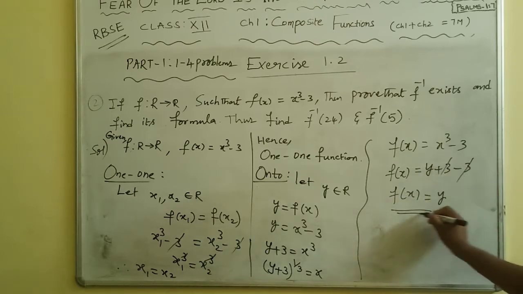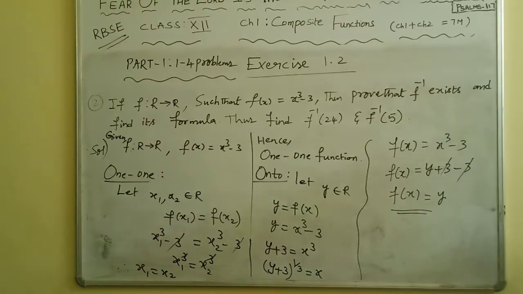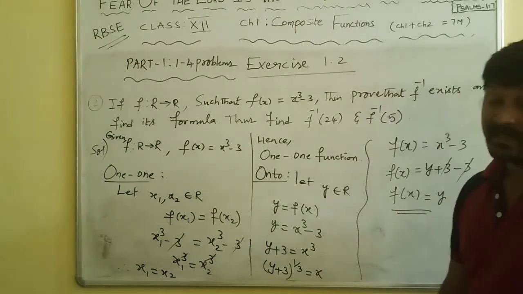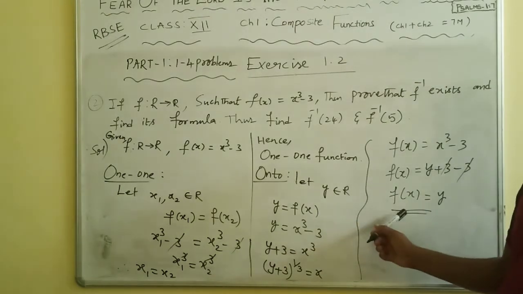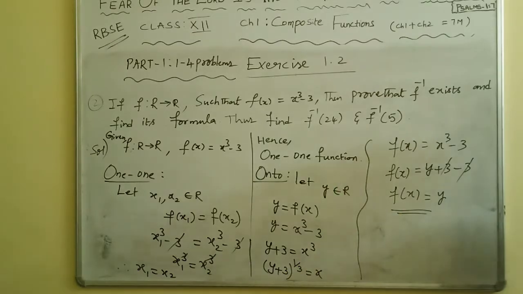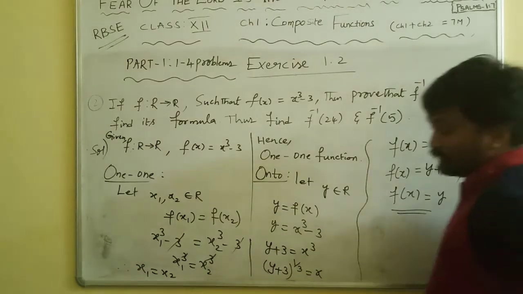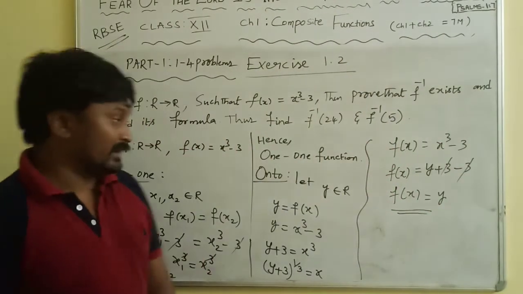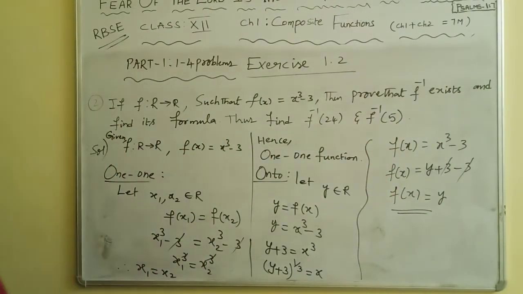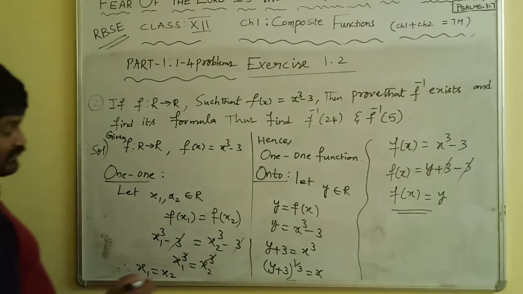Here y belongs to R, so it is an onto function, because the codomain is equal to the range.